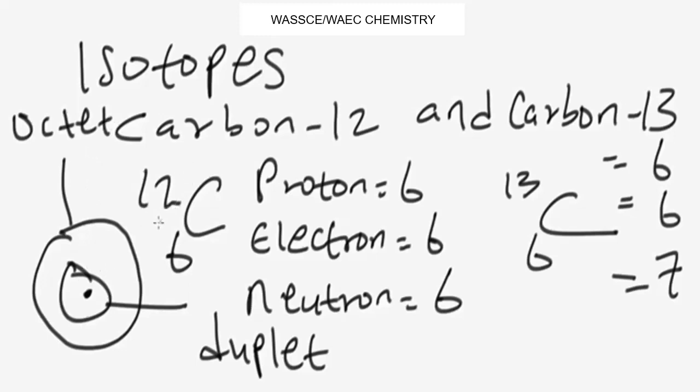Since carbon has atomic number 6, the first shell will contain a maximum of 2 electrons, remaining 4. So the 4 you can fix it here. So this is the structure of this carbon atom. Take note of this. This is the nucleus containing proton and neutron.